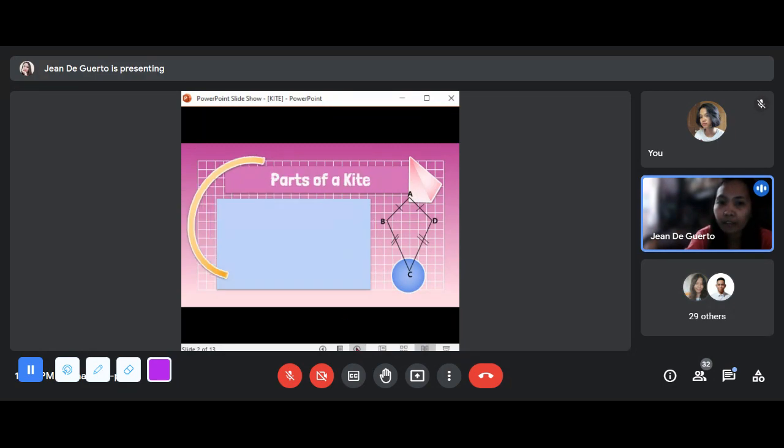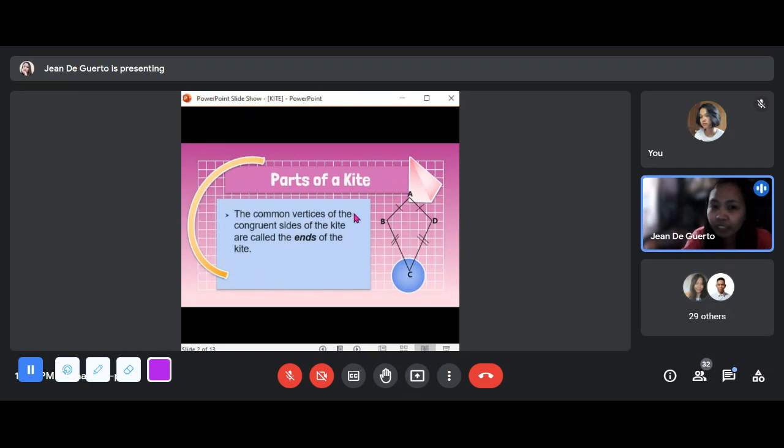So we have different parts of a kite. So meron tayong specific name for the parts of your kite kasi meron yung mga quadrilaterals, meron tayong vertex, lahat sila may vertex, may angles, may sides, but we have specific names for the parts of your kite. So first part is the vertex.